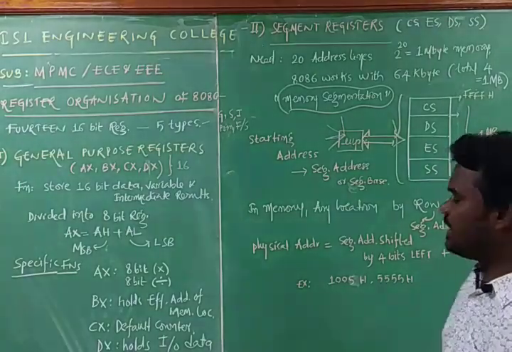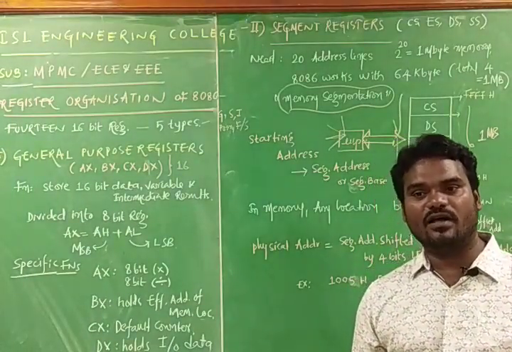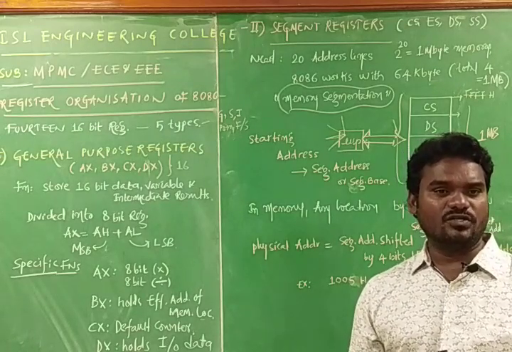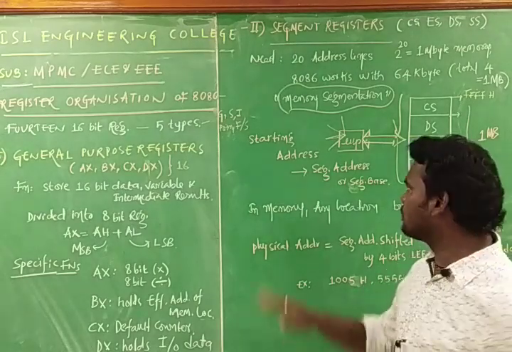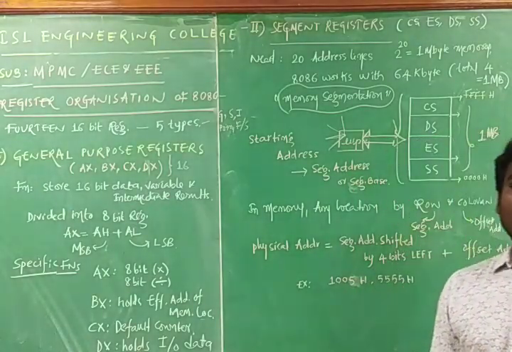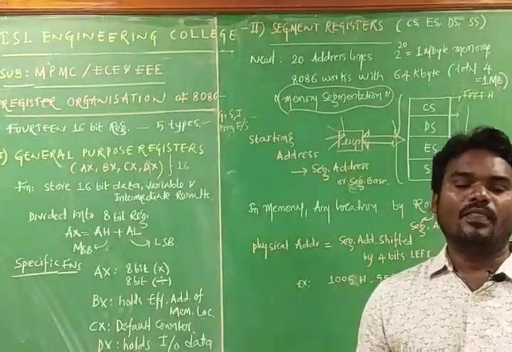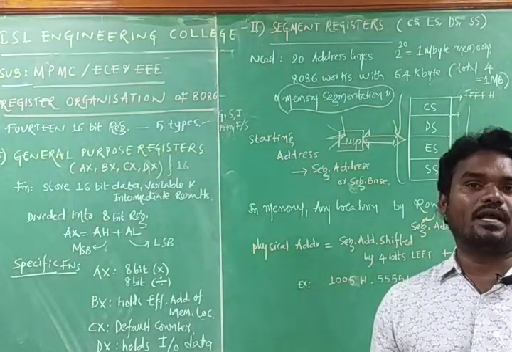So dividing the total 1 megabyte of external memory into 4 segments is called memory segmentation, and this is also a very important definition. Memory segmentation is nothing but this: the 8086 microprocessor has 20-bit address lines.